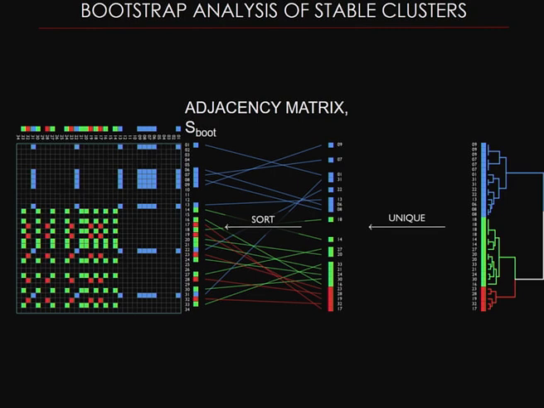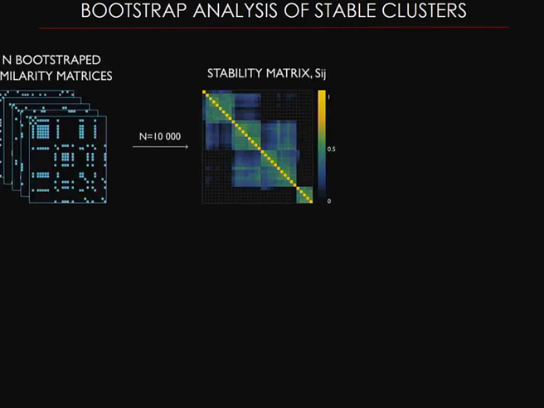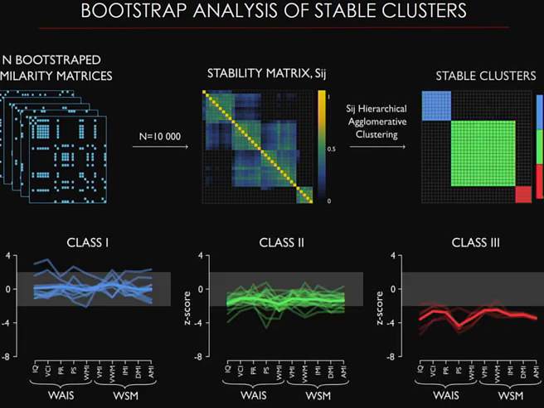This is a binary matrix, so we did this procedure 1,000 times in order to obtain a stability matrix, which represents the subjects' probability to belong to the same group. Finally, we got the stable clusterings, and the best partition was for 3 classes in our cohort.